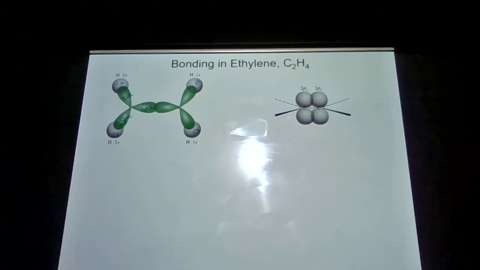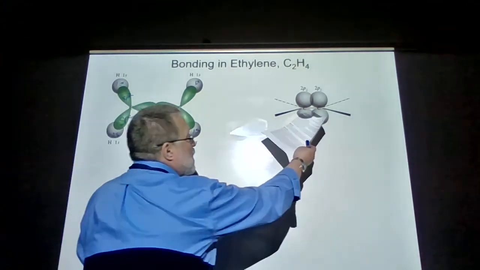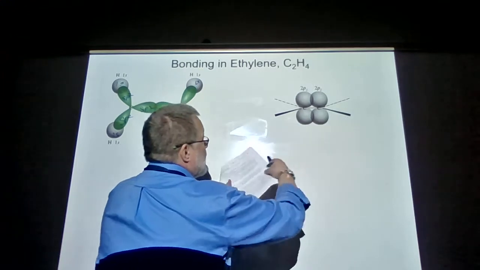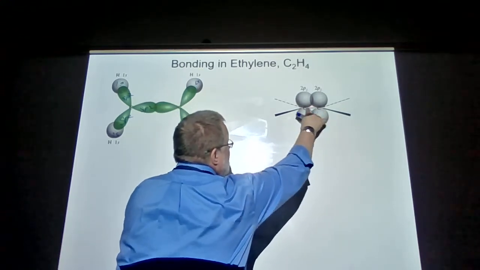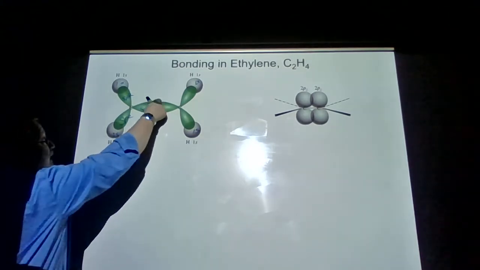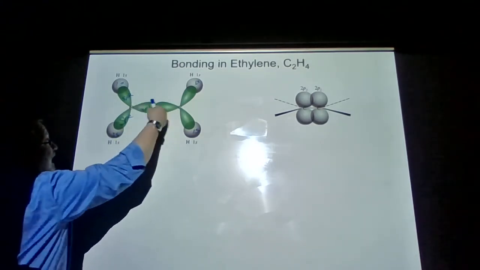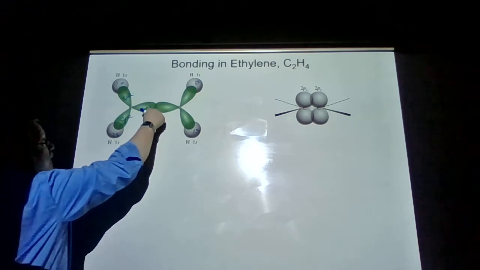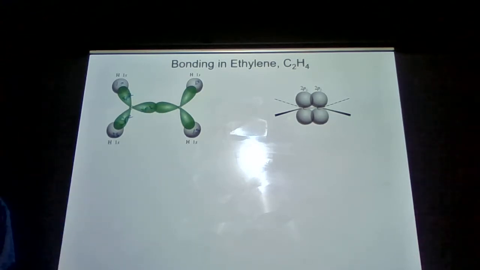The bond that we designate between this carbon and that carbon is represented by that line, by the overlap end-on of this orbital and that orbital.